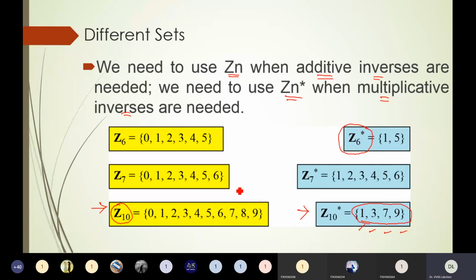For Z6 star, we are going to calculate the multiplicative inverse. Here, what is the value of n? n value anta, what do we want to calculate here? We need to find which elements are in Z6 star. So n is equal to 6.